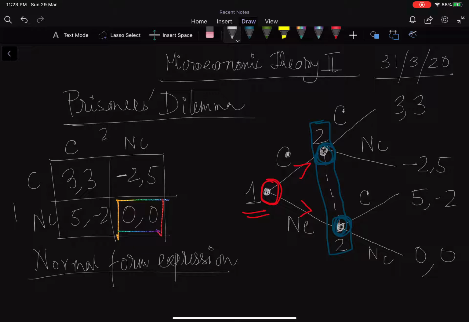Okay. So now this is an extensive form expression of the same game.